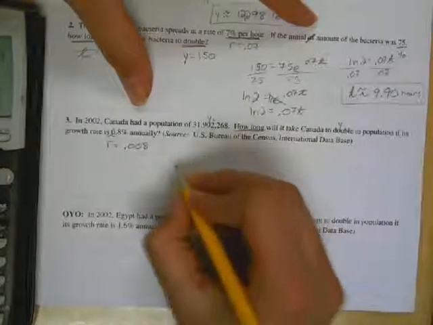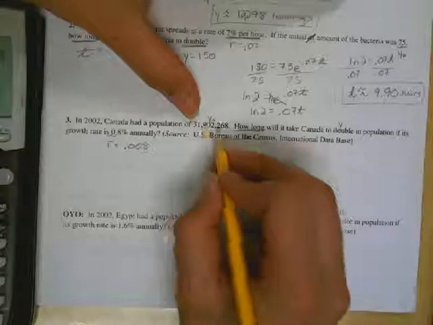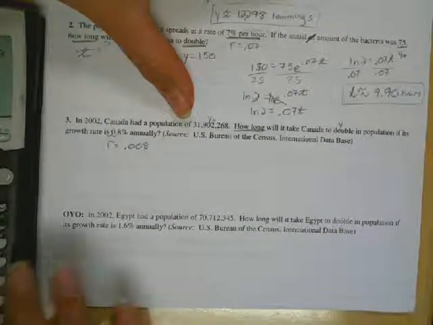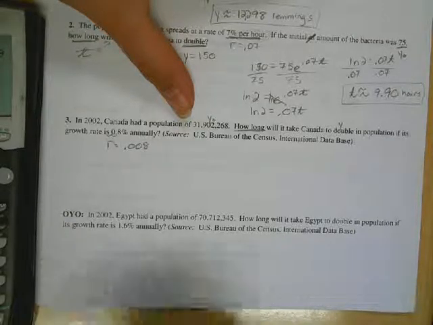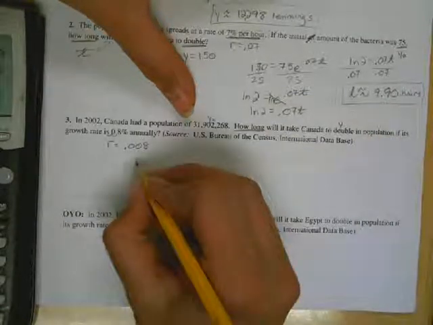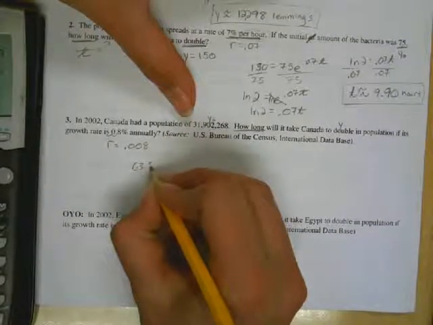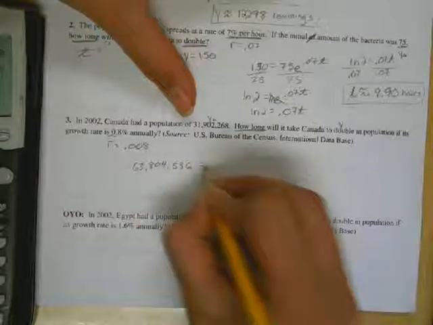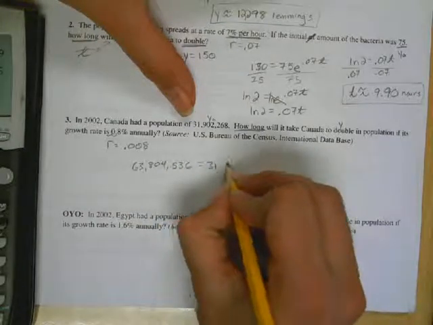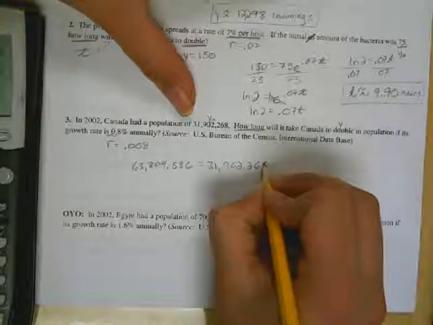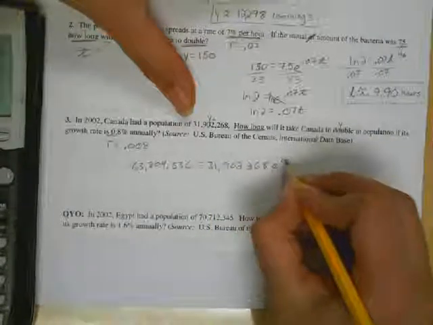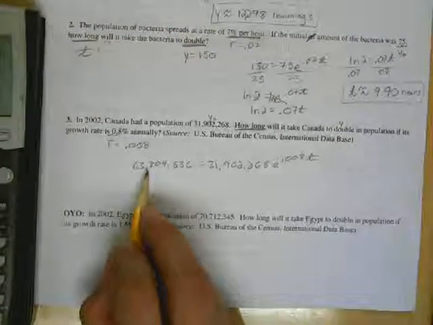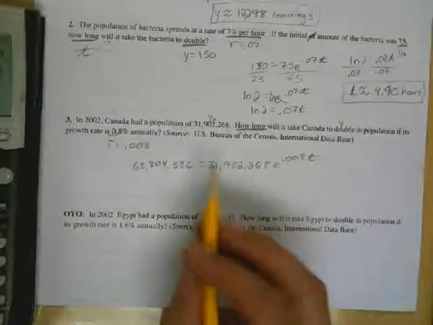Plug it in. So doubling, if I want to double that number, 31,902,268 times 2, I get 63,804,536 is equal to 31,902,268 times e to the 0.008t. Of course, if you've been paying attention, you really don't even need to do this step. You didn't have to multiply it by 2, because what's going to happen if it's doubling?